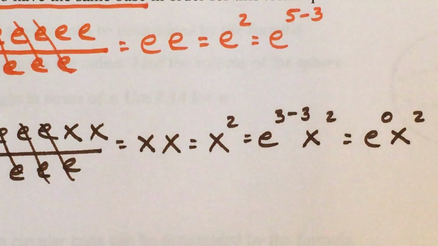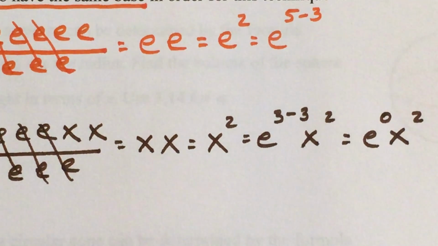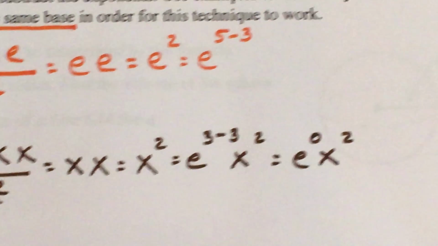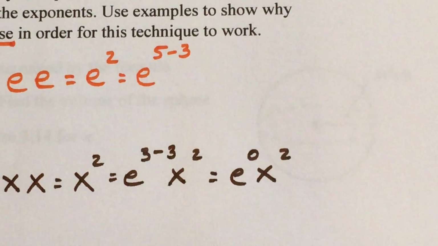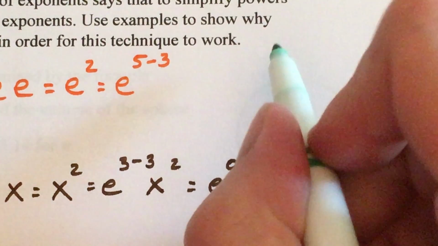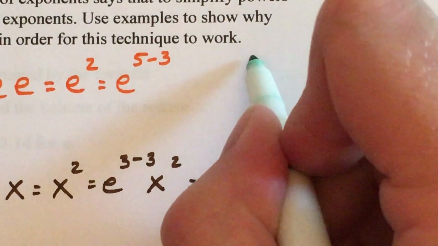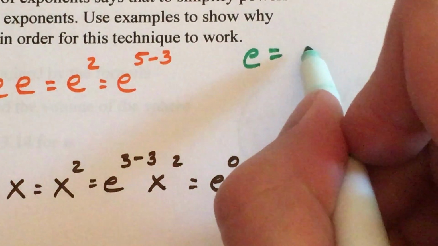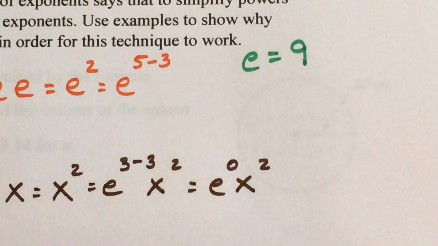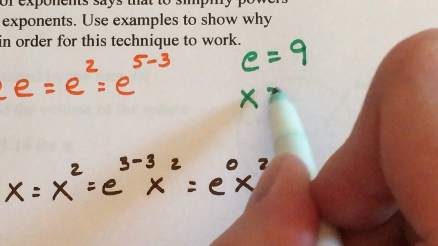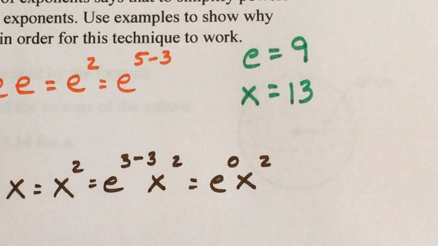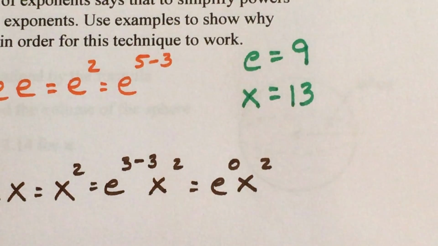There might be a temptation to say, what, they're both squared, so who cares? Well, that would go back to, well, what was e worth in the beginning? What was x worth in the beginning? You could say, well, e might have a value of 9. I don't know, my youngest child is 9. And x might have a value of 13. I don't know, another one of my children is 13.